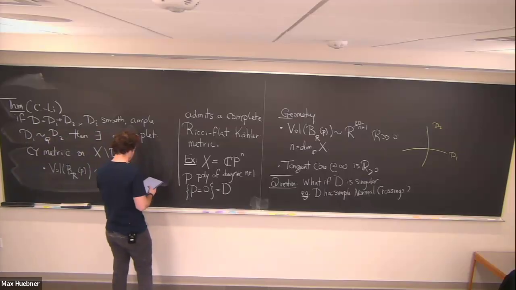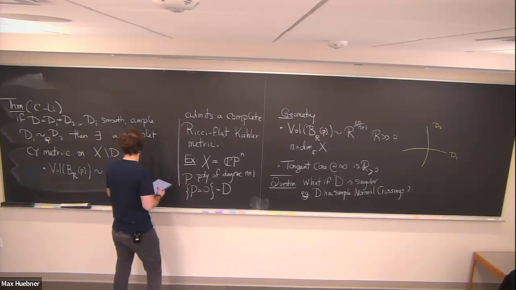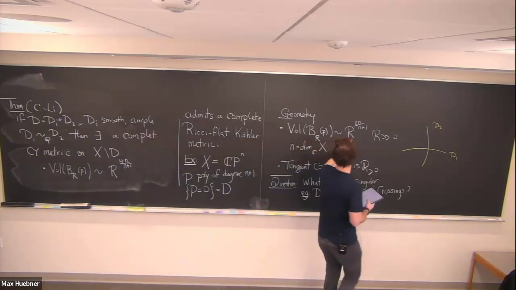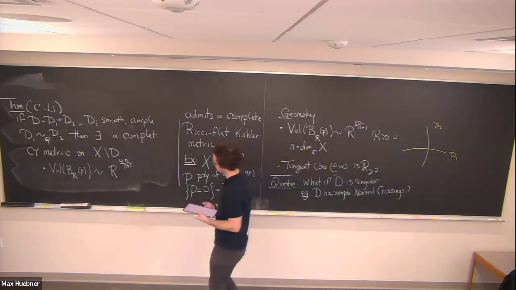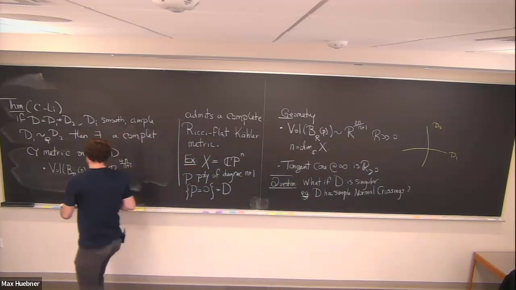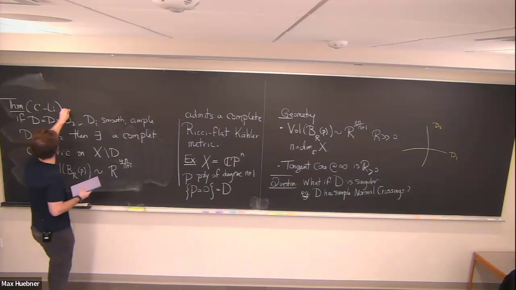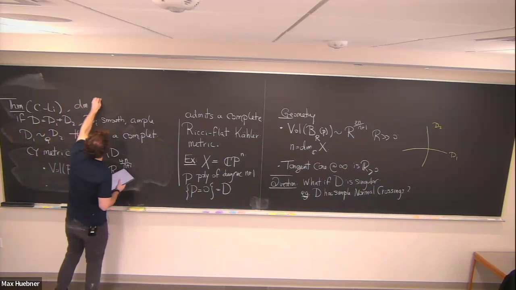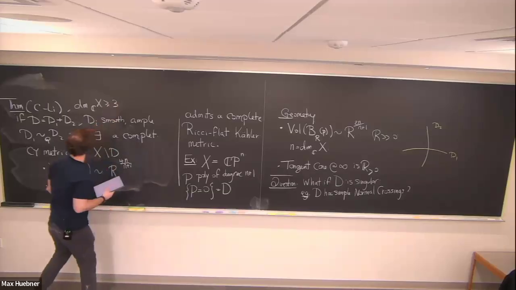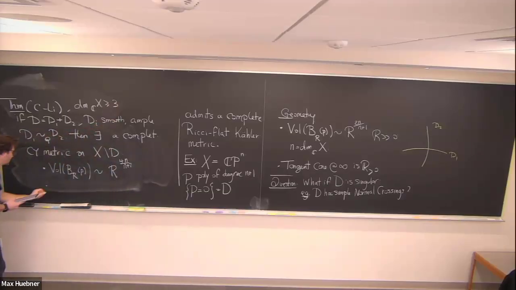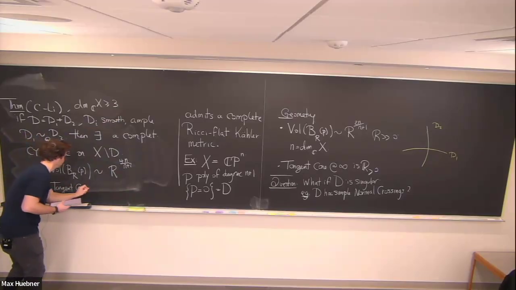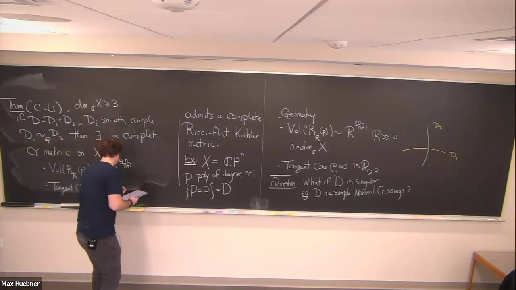It's 4n over n plus 2. So it grows faster than this, but still not very fast. And the tangent cone at infinity, if you zoom out, so this manifold is quite collapsed, but I should say the dimension of X has to be at least 3, and the tangent cone at infinity is a positive orthant in R2.